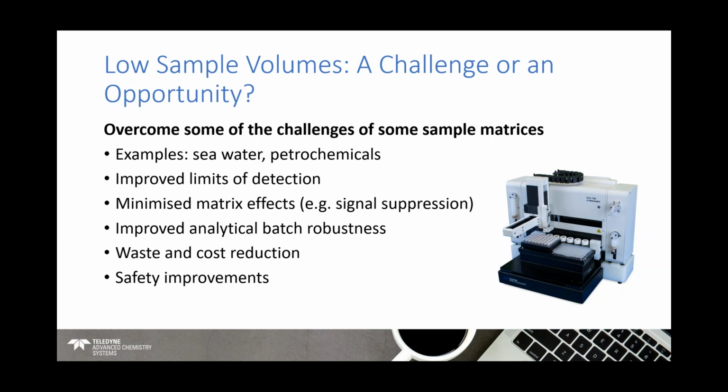We've certainly seen that in petrochemicals, where you take something like a crude oil diluted in xylene. If you start introducing 100, 200, 300 microliters into a plasma, the limits of detection of your analysis considerably improve because you're introducing much less organic solvent, you're affecting the plasma much less, so your analytical capability actually improves.